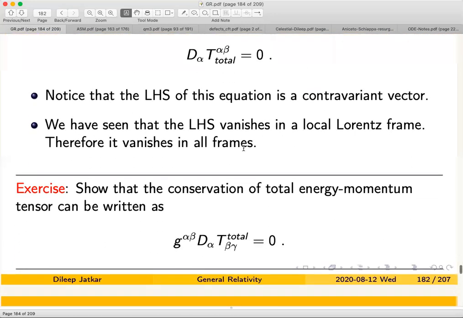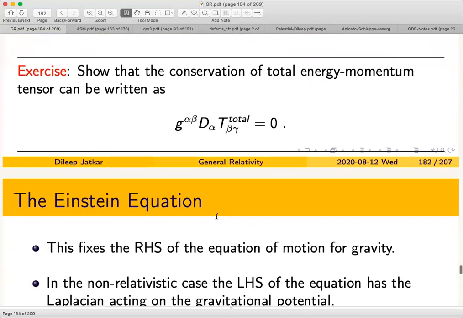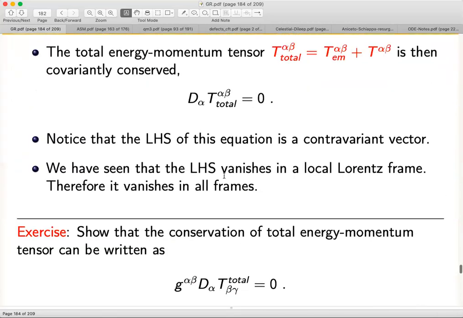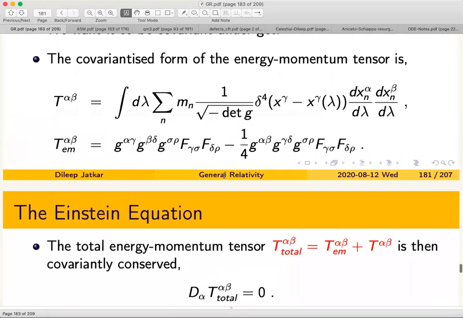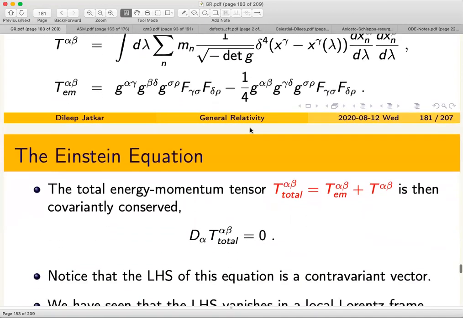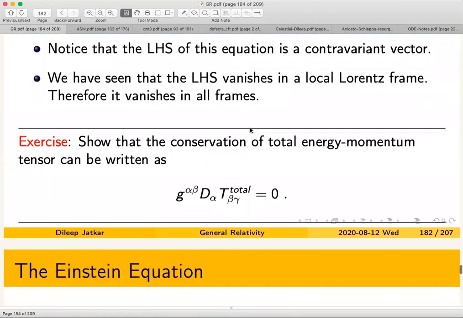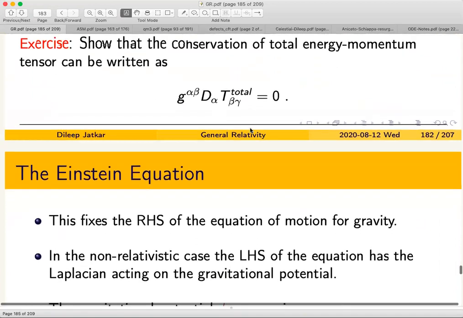Okay, and we said that this essentially fixes the right-hand side of the would-be equation for gravity. The expressions for T alpha beta and T alpha beta electromagnetic are given here. I've corrected the typos and now it's in correct form. So we know what the right-hand side is, namely T alpha beta total.